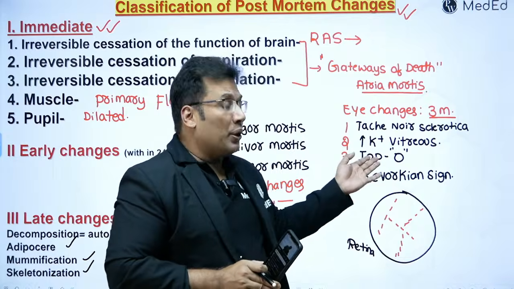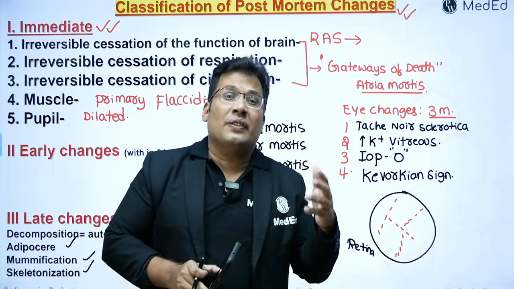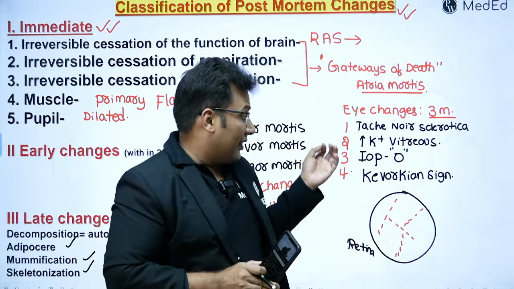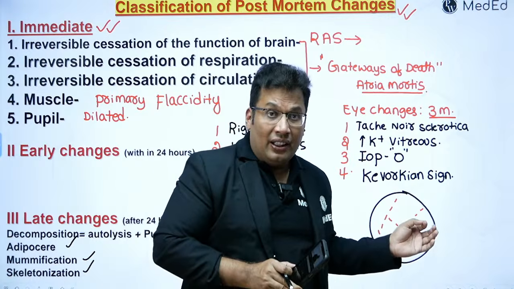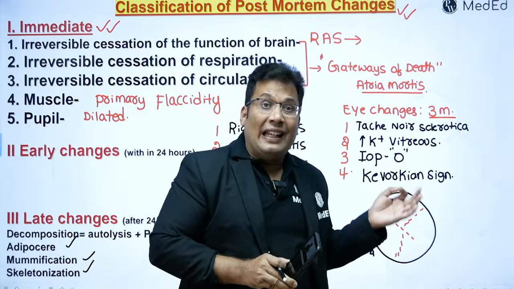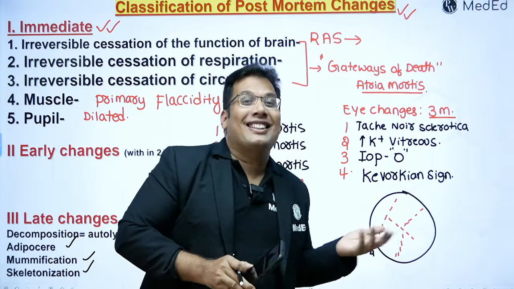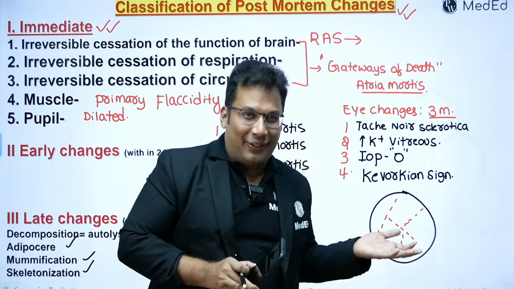That is known as Kevorkian sign. It occurs within 10 minutes after death and persists for about 1 hour. It was detected by Dr. Kevorkian, a very famous doctor who is well known for euthanasia. Dr. Kevorkian is a euthanasia doctor, or Dr. Death, we call him.